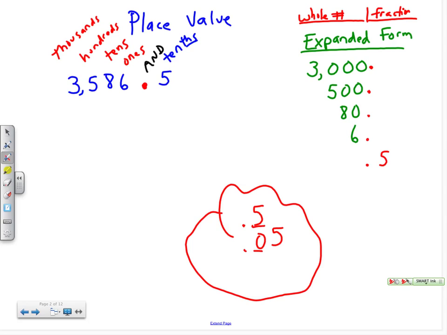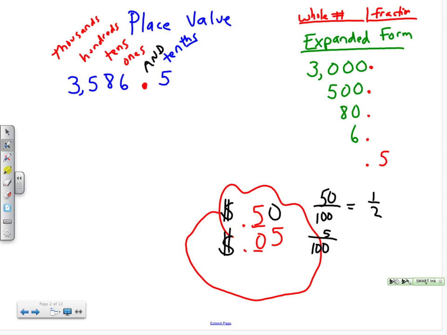So if we were talking about money, we could change this to 50 cents, which is half of a dollar. And if I were to write that as 50 hundredths, it would look like that. 50 hundredths is the same as half. This would actually be a nickel if we were talking about money. This is 5 hundredths, which is a lot less than 50 hundredths.